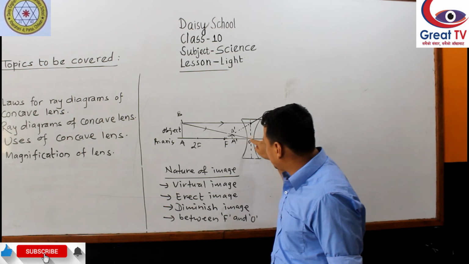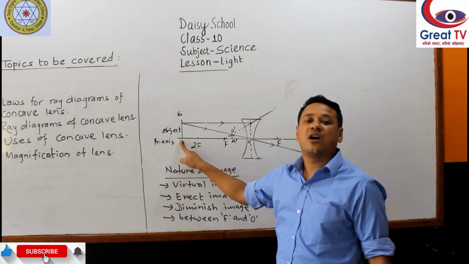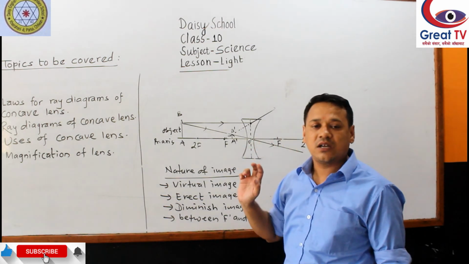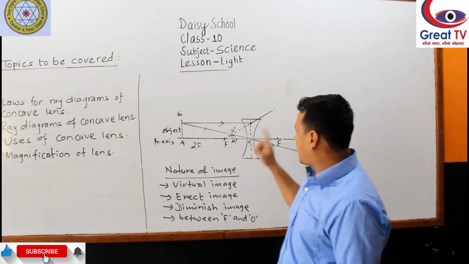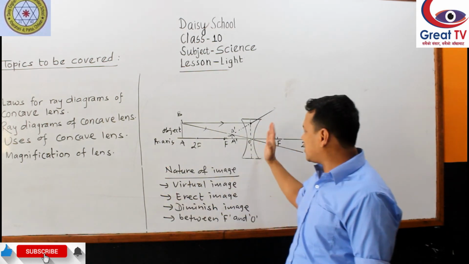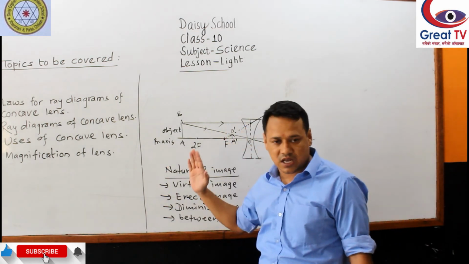Actually, the distance from the optical center to the object is called object distance, and from the optical center to the image is called image distance.